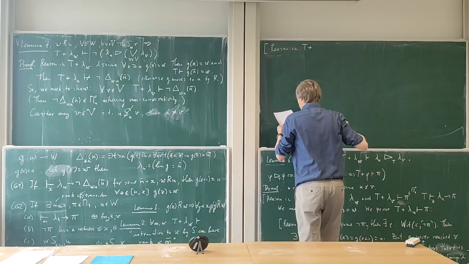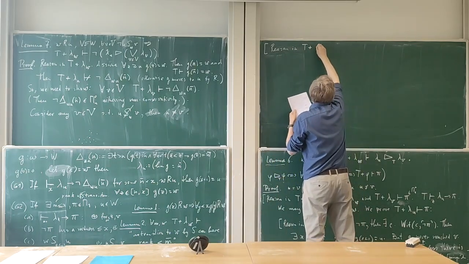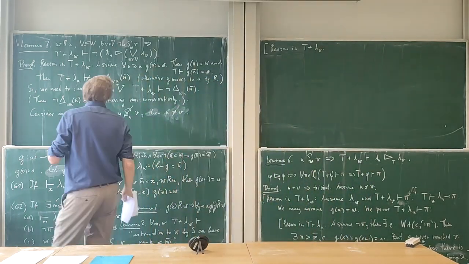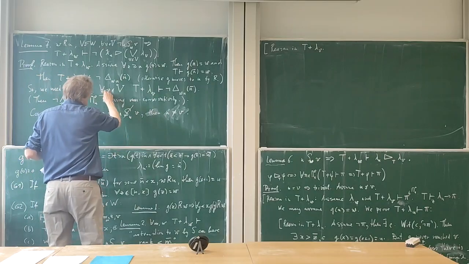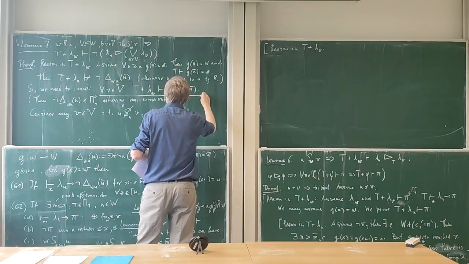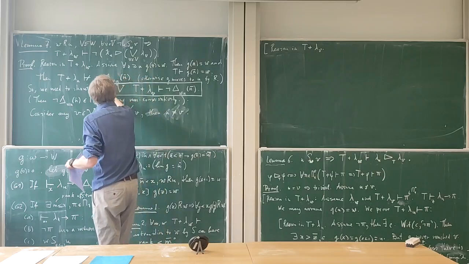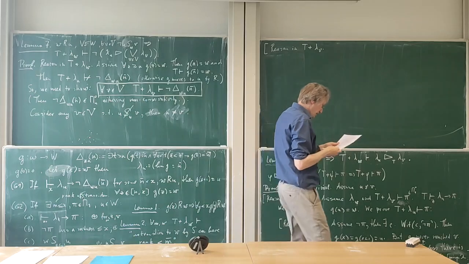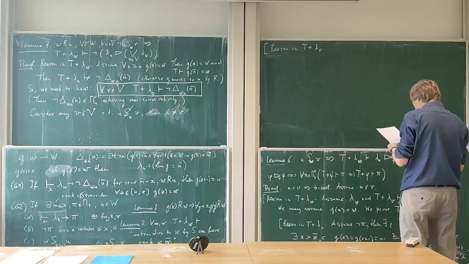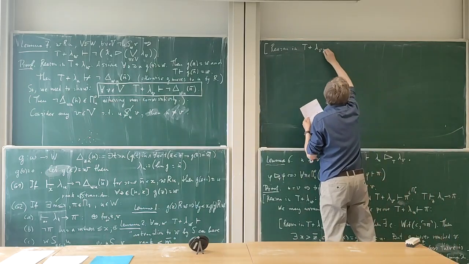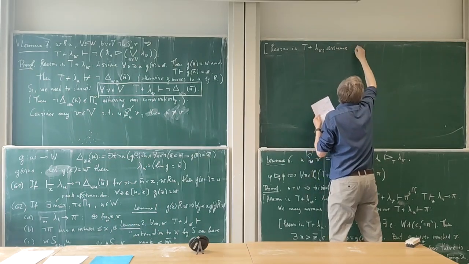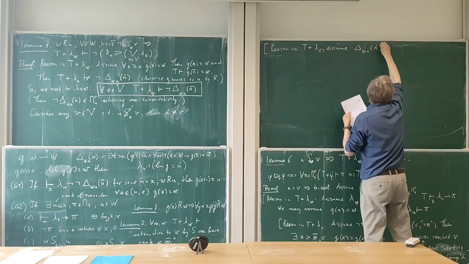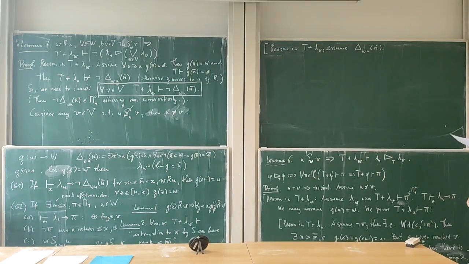So we are showing this thing inside the box for a given V. Reason in t plus lambda V, and assume delta w u, and we are reasoning towards contradiction as always.